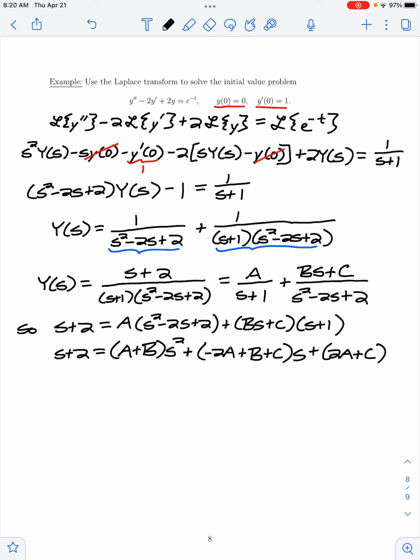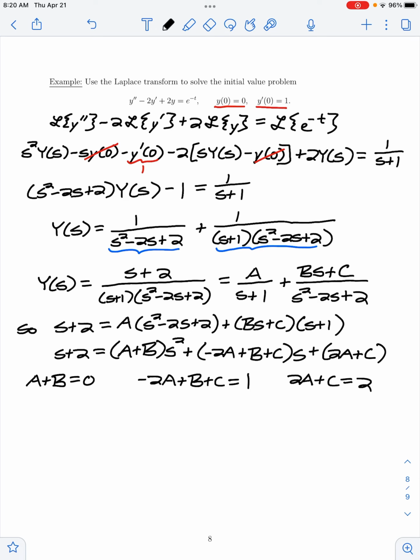So equating these coefficients, I find that a plus b must be 0, negative 2a plus b plus c must be 1, and 2a plus c must be equal to 2.